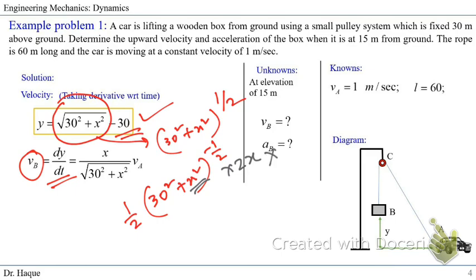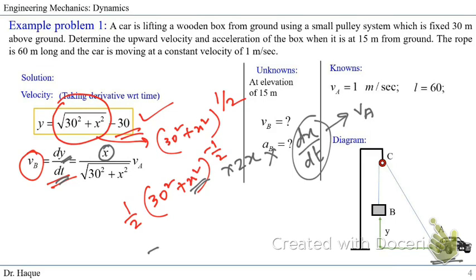Since we're taking the derivative with respect to time t, and we have a different variable x, we'll have dx over dt, which is the velocity vA, because in the x direction it's car A.